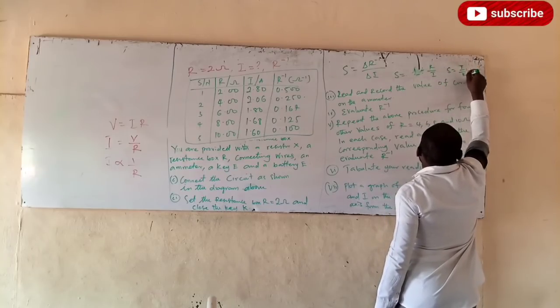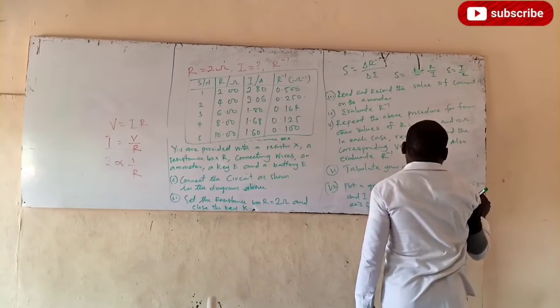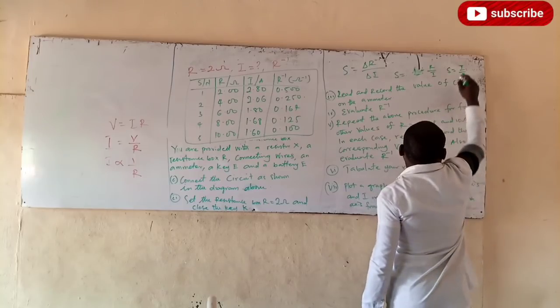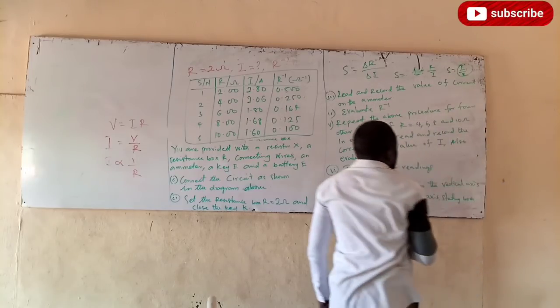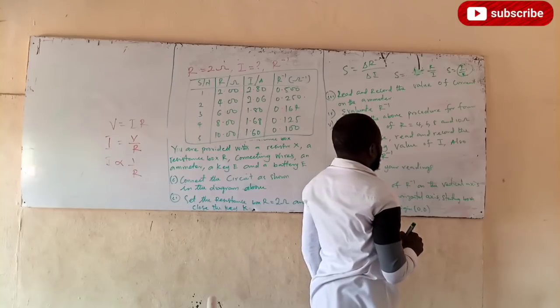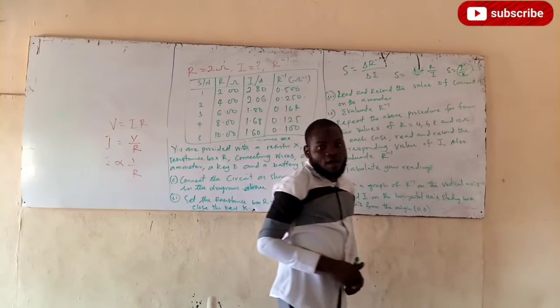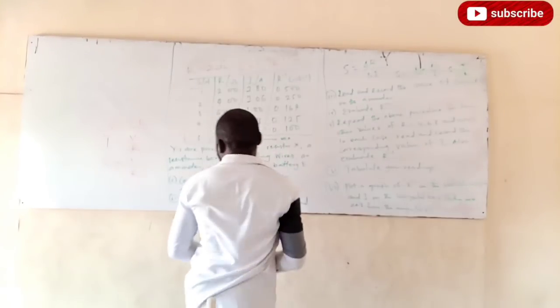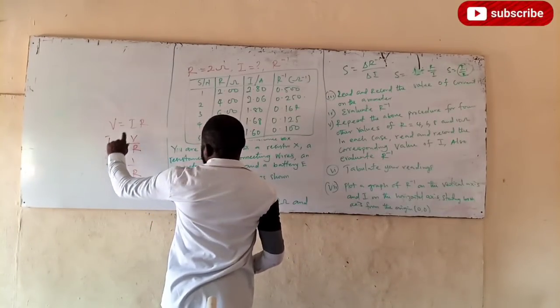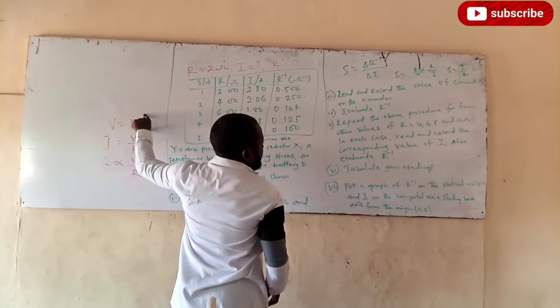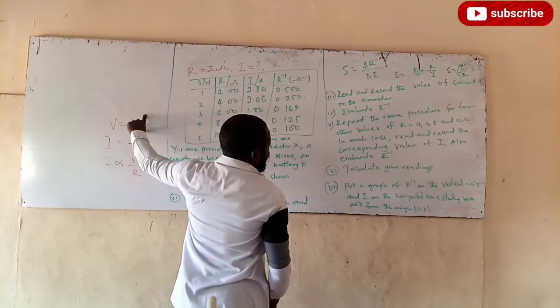I divided by what? R. Are you seeing this now? So this is what our slope will be. That is the inverse of what? Of our voltage. Because our voltage is actually what? Is actually IR. Are you getting this now?